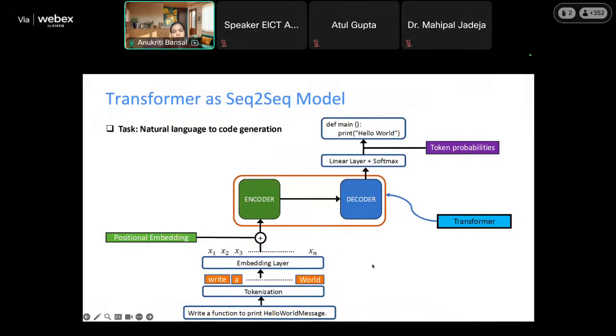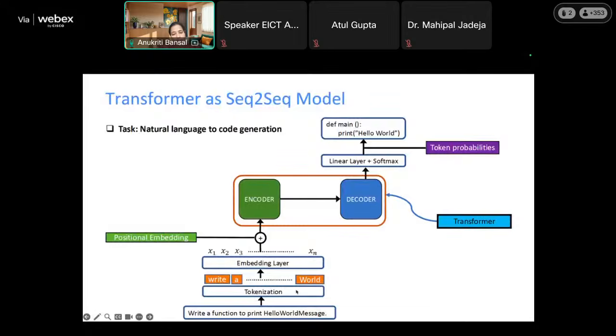As we have seen, the first step is tokenization. In this particular case, it can generate tokens like write as one token, a as another token, function as another token, to print, and it can generate 3 tokens for the single phrase hello world message.